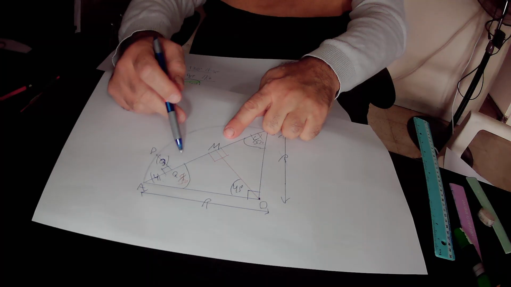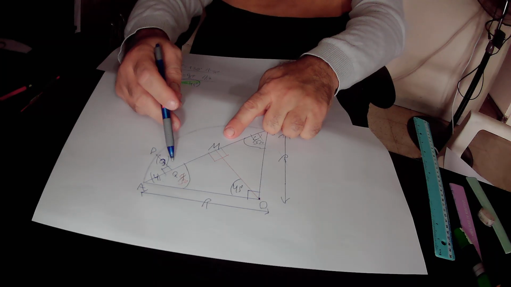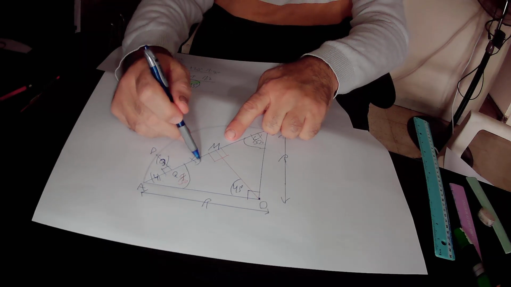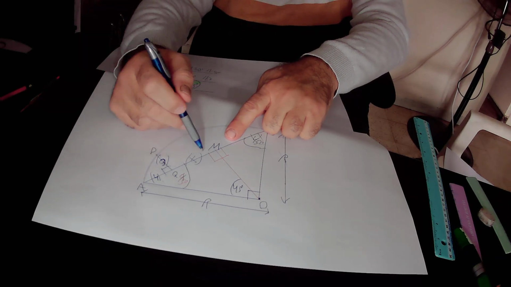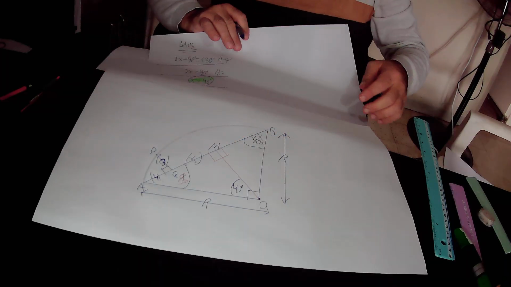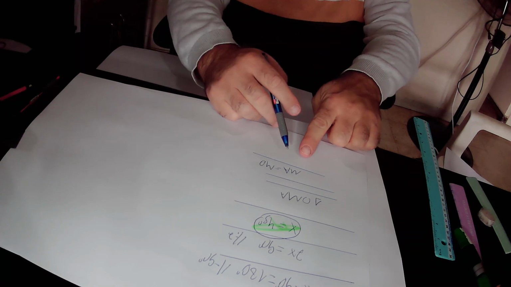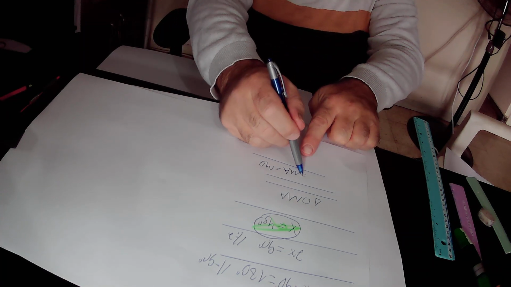This is side AM. We'll define the left or right side QM as x. So in total, AM equals 4 plus x. You can write here that AM or MA equals 4 plus x, or x plus 4.